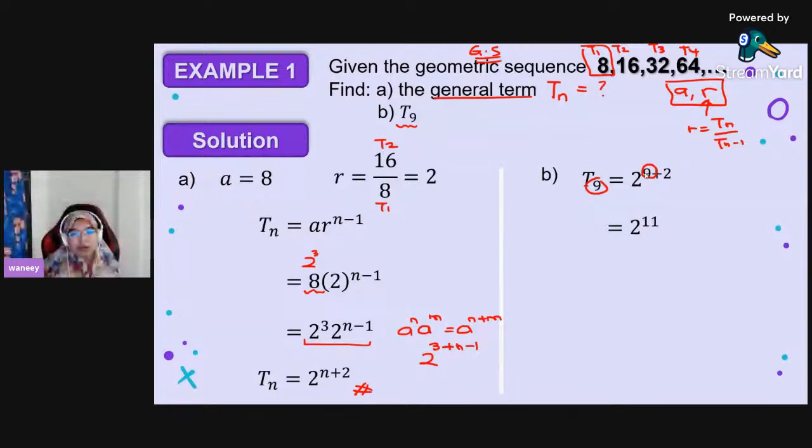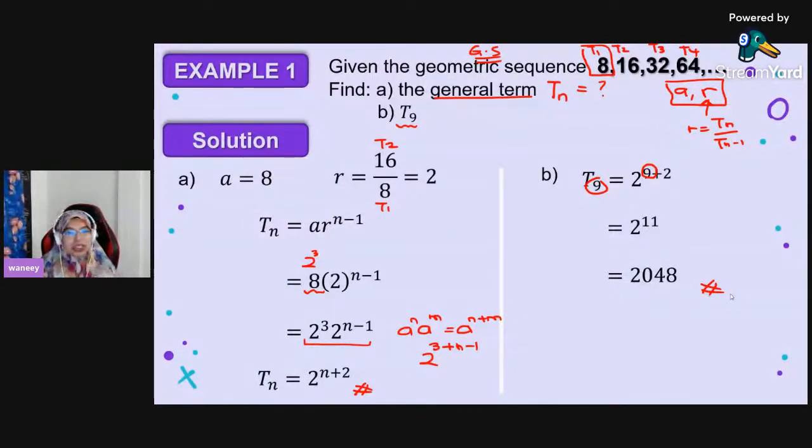And then we can use our calculator to find out the value of 2 to the power of 11. If you try to use your calculator for this, it's supposed to become 2048. Okay, so that is basically how we obtain the general term and the specific term.